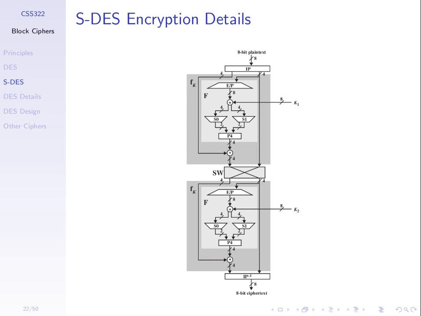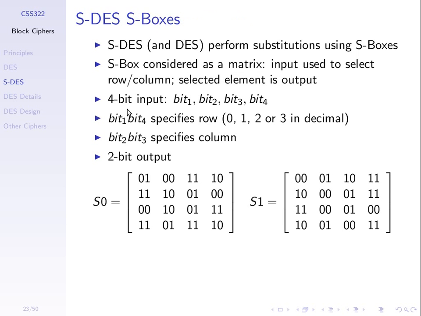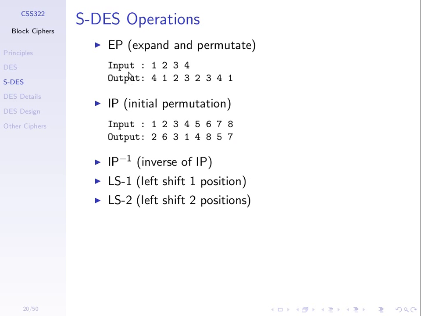We'll need it later. So the right half, the right 4 bits, we expand and permute, and then XOR with the key K1. And expand and permute is defined as this. 4 bits in, we're going to repeat those 4 bits and rearrange them as defined, so that the first bit becomes the second bit and the 8th bit. The second bit on input becomes the 3rd and the 5th bit on output, and so on.